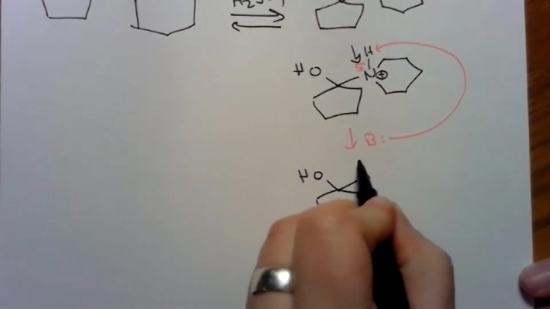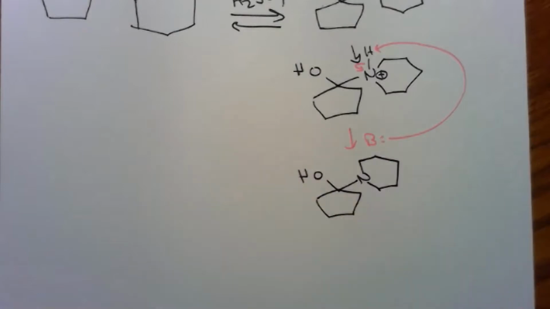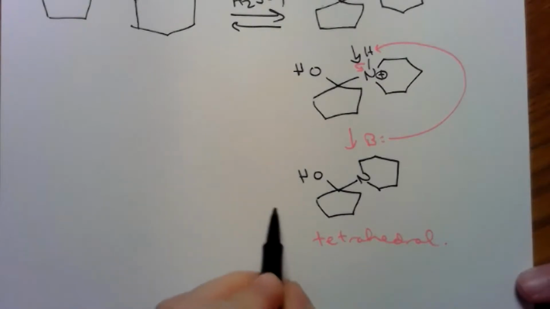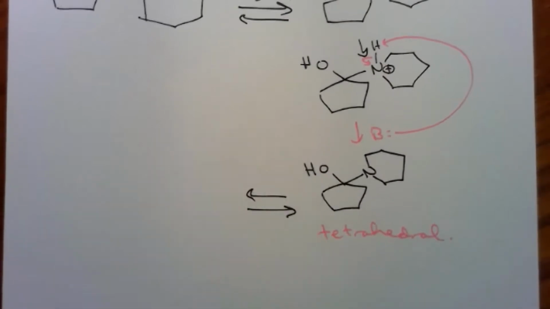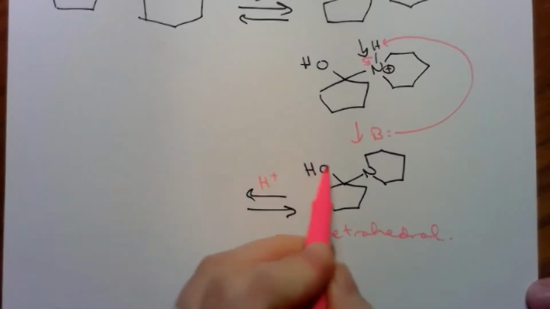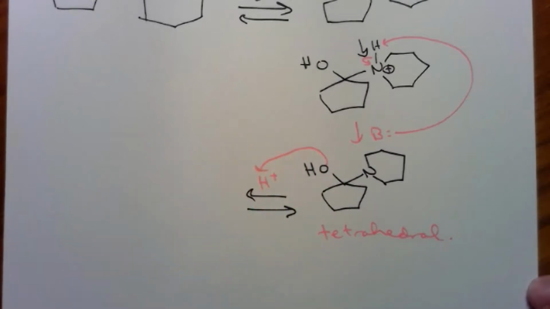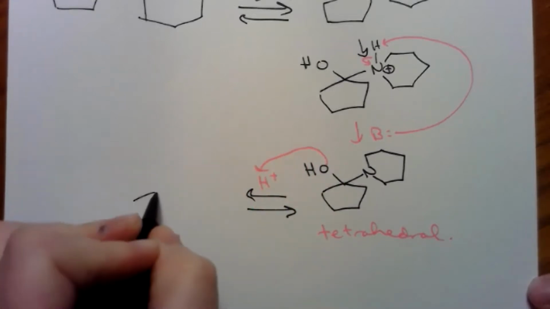And here we are, a neutral tetrahedral intermediate. I started out with oxygen connected. I want to keep nitrogen connected. So I need to protonate my leaving group before he leaves. My leaving group is O. Protonate my leaving group before he leaves.